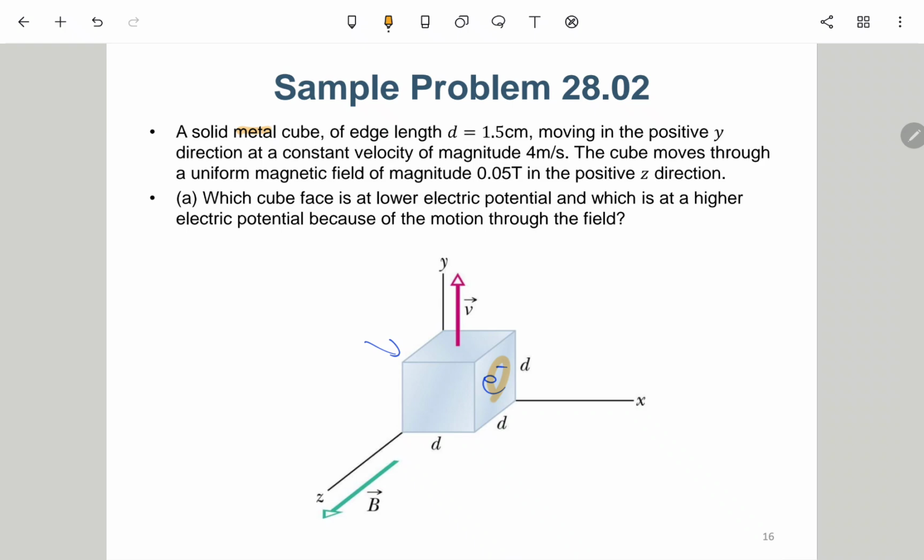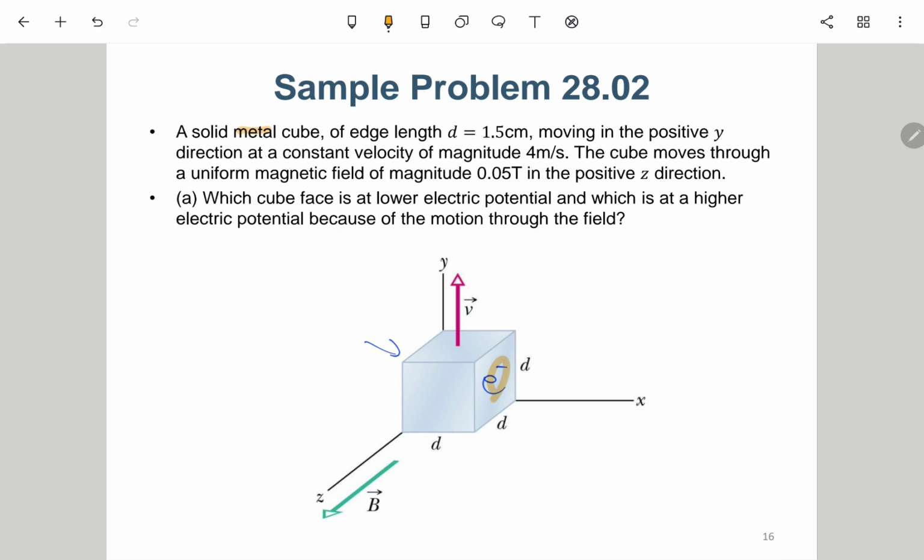So in that case, we can just use the right-hand rule to determine the direction of the Lorentz force. V is pointing upward, B is pointing out of the page. So V cross B is pointing to the right side.